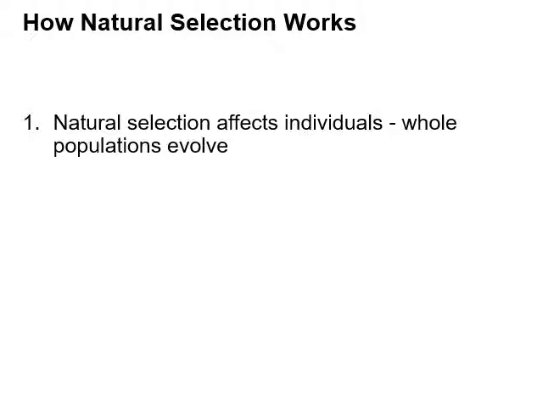So those finches that we just talked about, certainly for individuals that has a big effect. Because if you had that shallow beak, then you starve to death, which sucks. But it's the whole population that actually evolved. The whole population changed. So the average beak size changed from 1976 to 1978. So natural selection affects individuals, but whole populations evolve.